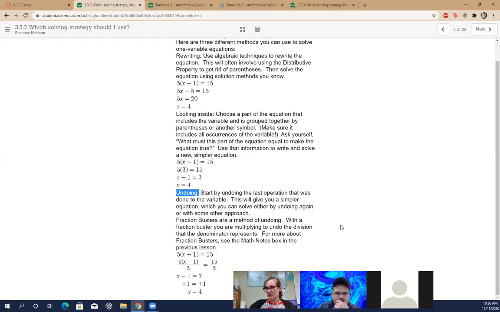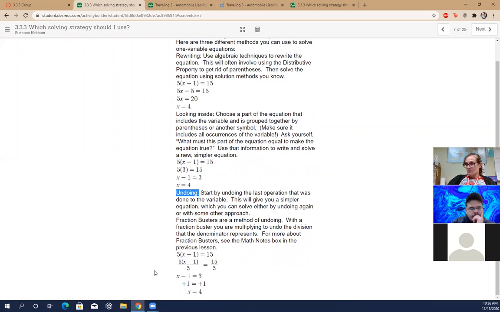Looking at this first one, I can take this 5, and instead of multiplying it to everything, I'm going to undo the multiplication and divide.